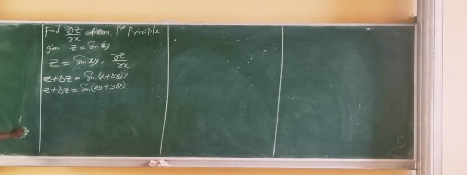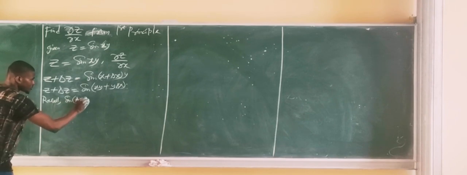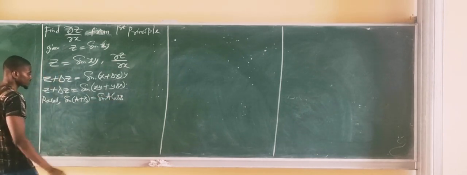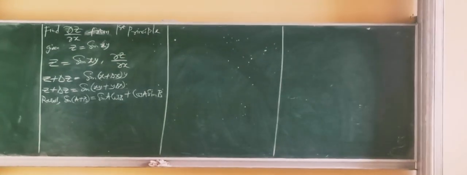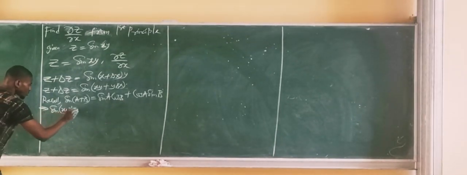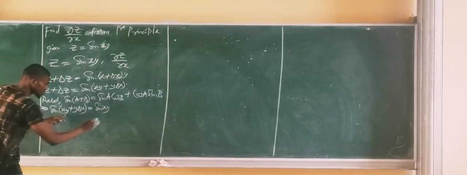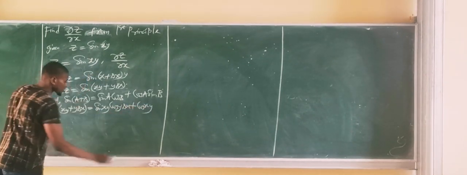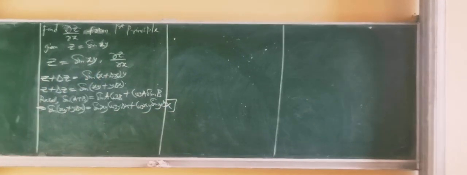Now, from trigonometry, recall the identity that sine (a plus b) is actually sine a cos b plus cos a sine b. From the trigonometric identity, sine (xy plus y change in x) is going to give us sine xy cos (y change in x) plus cos xy sine (y change in x).